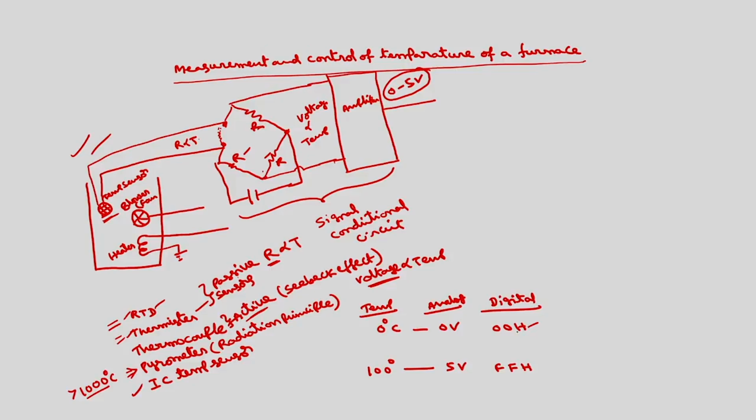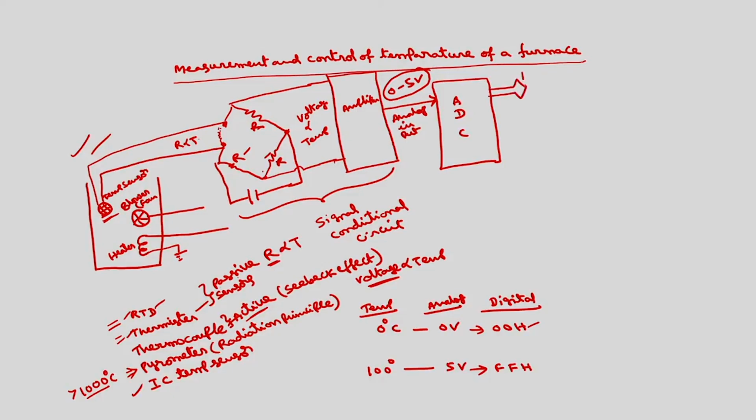Now these digital values can be obtained from this using an A to D converter. So you have to connect this to the A to D converter, ADC. This is the analog input. We will get the digital output.